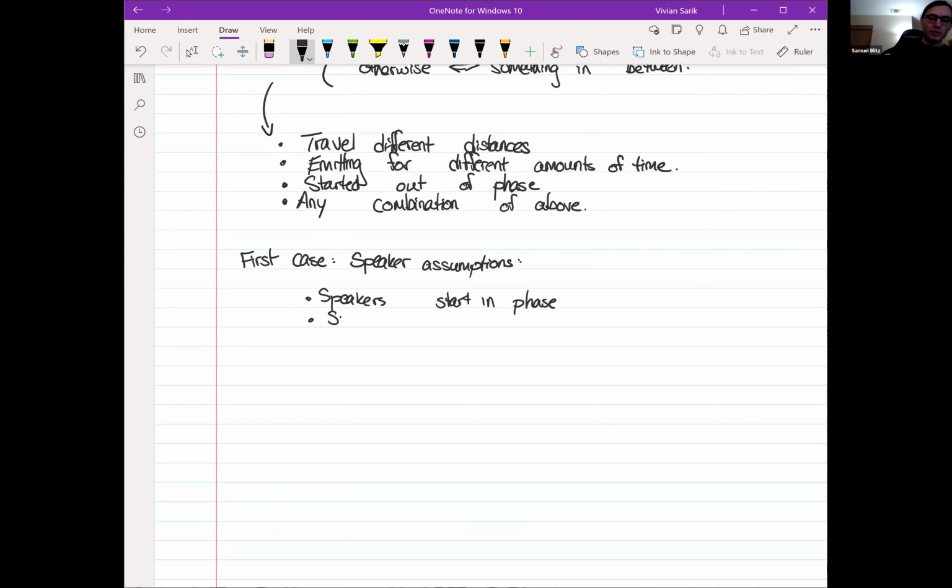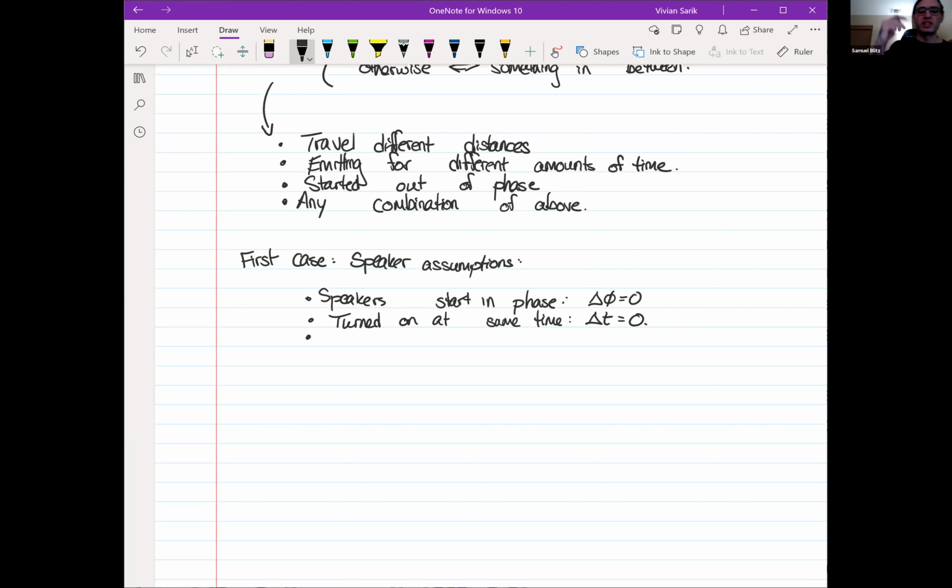We're also going to assume that they were turned on at the same time, so that delta t equals 0. By the way, if they start in phase, that means that delta little phi is equal to 0.